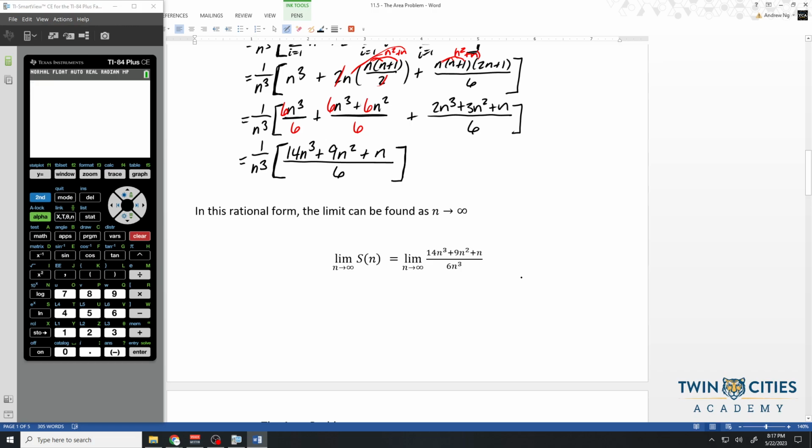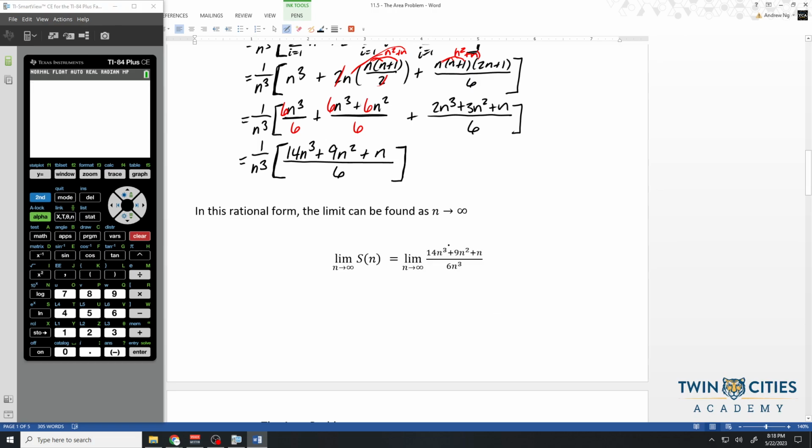Now, in the last section, we learned that if I'm doing the limit as n approaches infinity of some rational function, then I can look at the leading powers in the numerator and the denominator. If the highest power on top is greater than the highest power on the bottom, then the limit does not exist. If the highest power on top is less than the bottom, then the limit is 0. However, in this case, they're equal to each other.